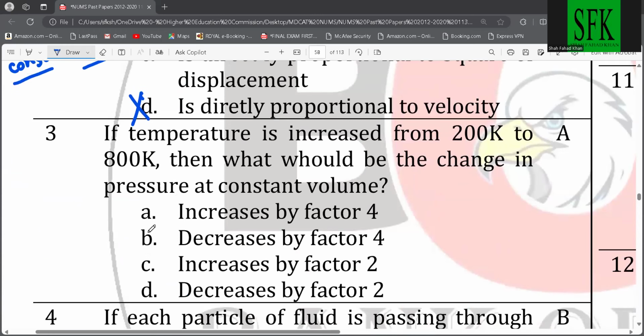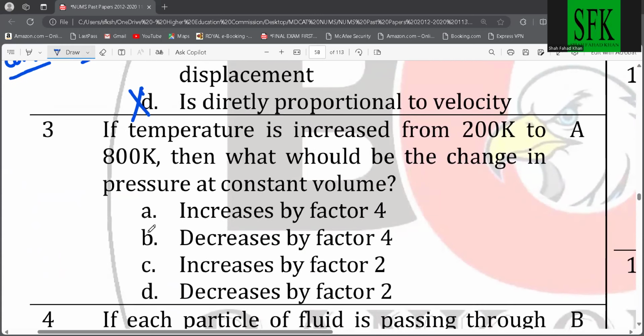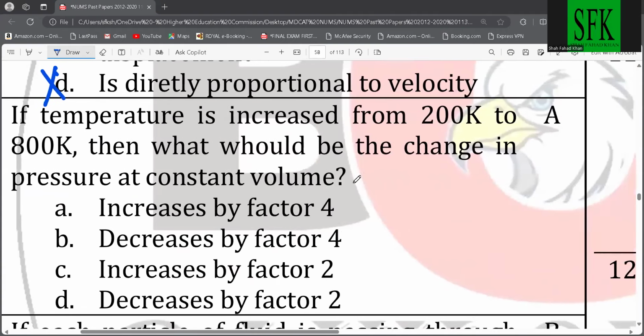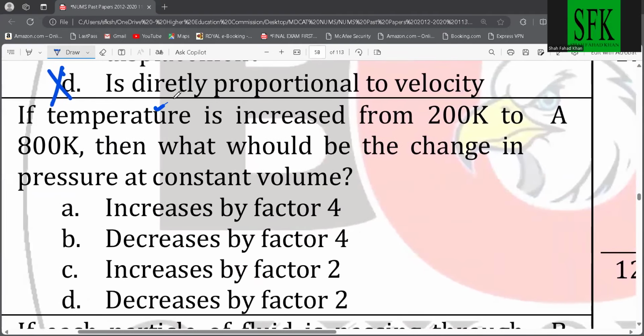If temperature is increased from 200 Kelvin to 800 Kelvin, then what would be the change in pressure at a constant volume? So for this, you have to apply a formula that should include temperature, pressure, and volume. This can be done using the general gas equation, ideal gas equation, or you can just use another formula, P1 V1 over T1 equals P2 V2 over T2.